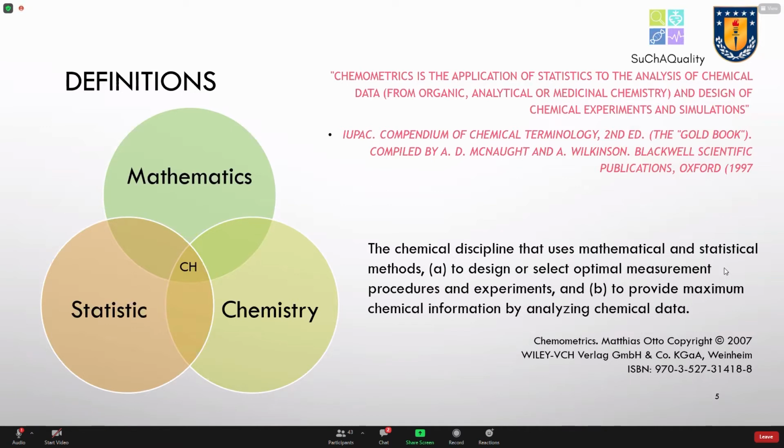Another maybe more recent definition of chemometrics, given by a recognized professor in Germany, is that chemometrics is a chemical discipline that uses mathematical and statistical methods to design or select optimal measurement procedures and experiments, and to provide the maximum chemical information by analyzing chemical data.